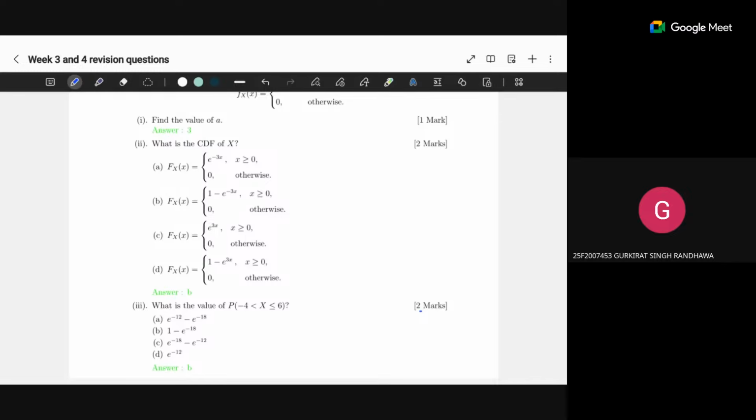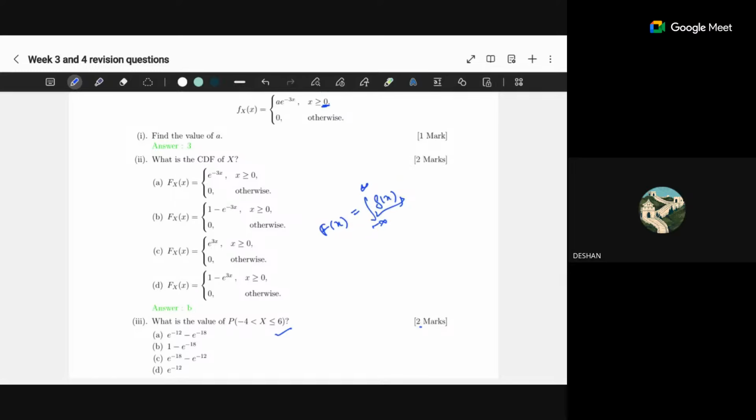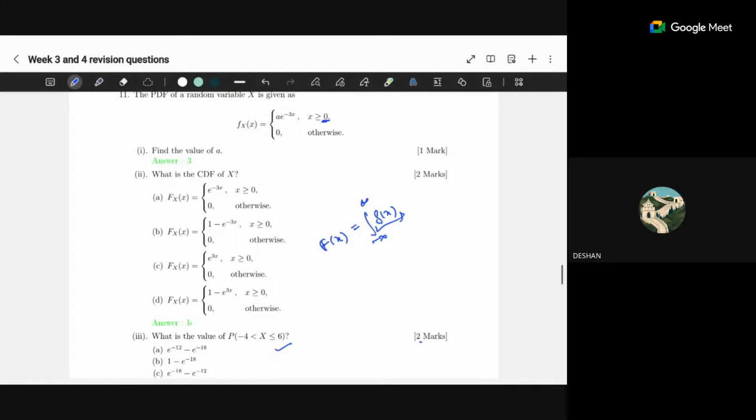Okay. Ma'am, can you explain the second question? You need to find out Fx. We know that my fx is basically the integration of the PDF from minus infinite to infinite, correct? So now here I have the value of fx. So how will I calculate the capital Fx? We have to calculate the CDF.